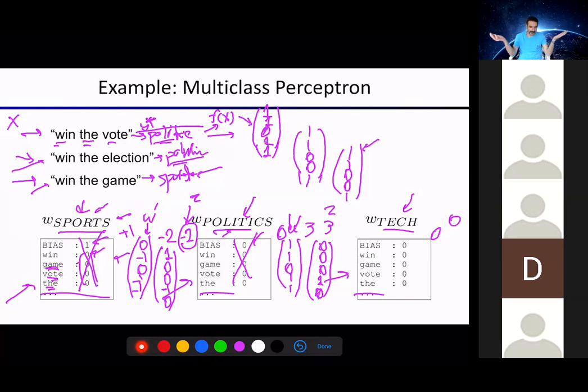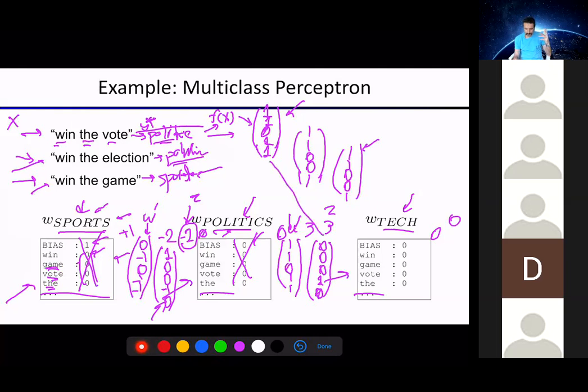Let's go back to the first one. This was the feature vector, right? And the correct label was politics. With the sport, this is now the latest weight vector. So it would be 1, 0, 0, -1, 0. So it is 0. The activation is 0.